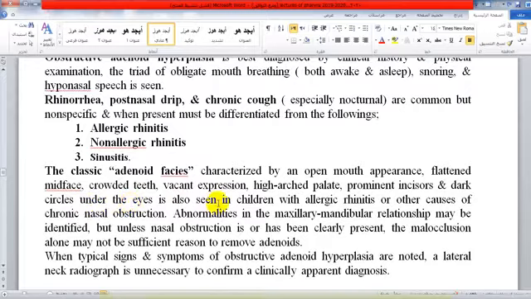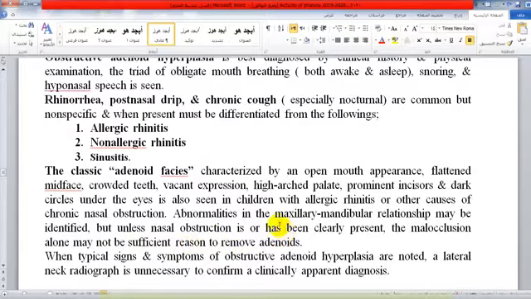These features are also seen in children with allergic rhinitis or other causes of chronic nasal obstruction. Abnormalities in the maxillary mandibular relationship may be identified, but unless nasal obstruction is or has been clearly present, the malocclusion alone may not be sufficient reason to remove adenoids.